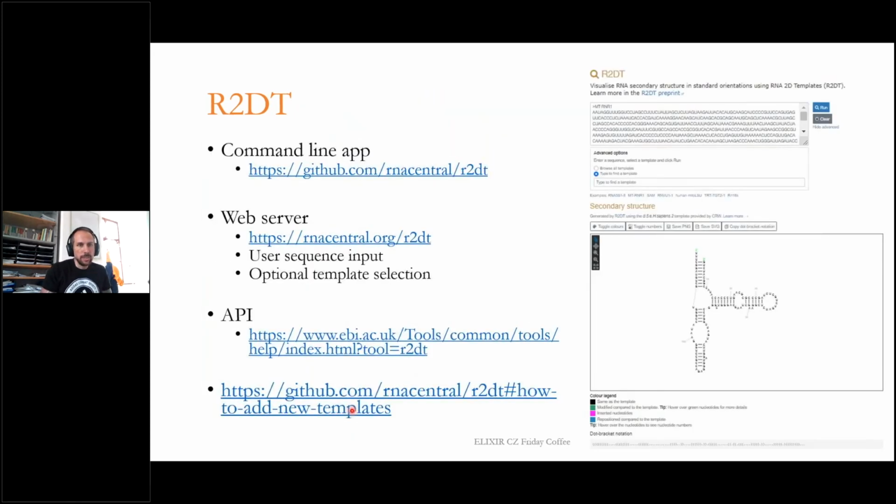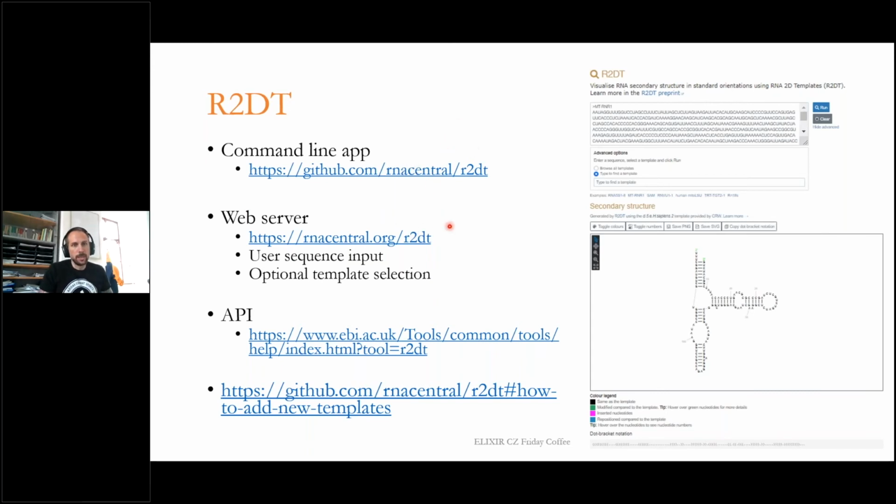And as for R2DT, you can run it as a command line app, but running this from the command line would be very difficult because there are a lot of tools involved. So there is a Docker container, and there is a lot of documentation at this address, so you can run it from the command line from there.